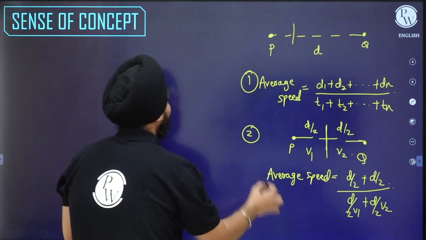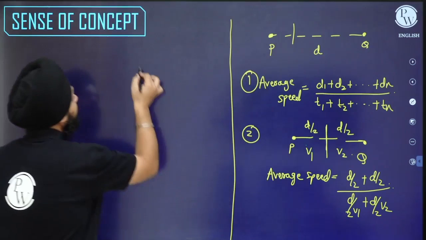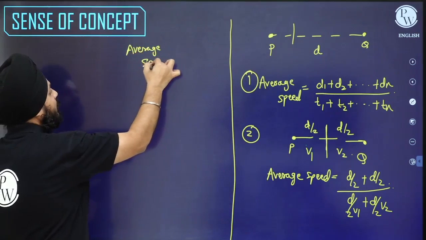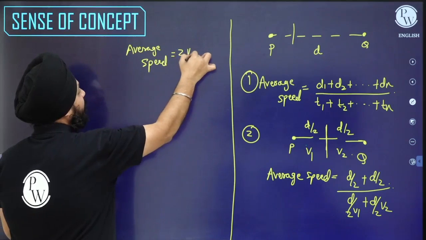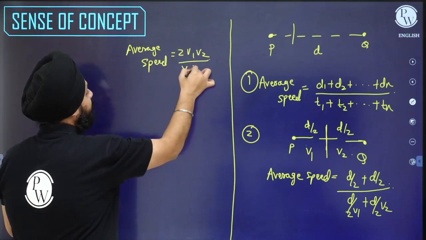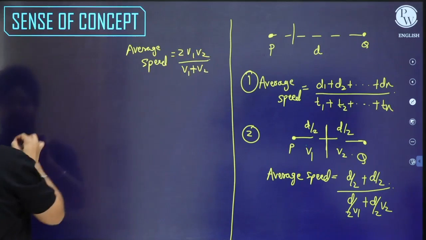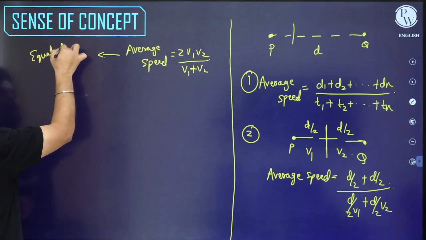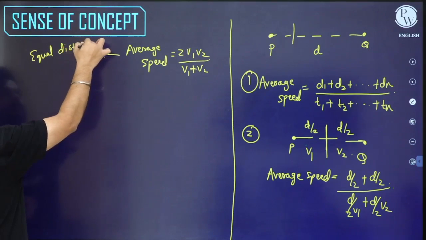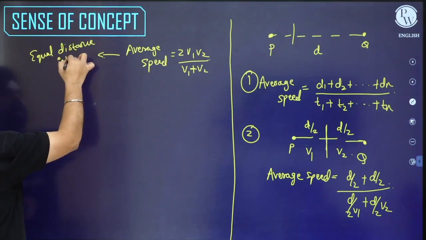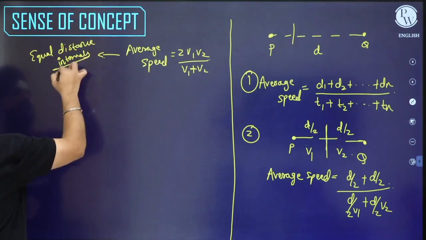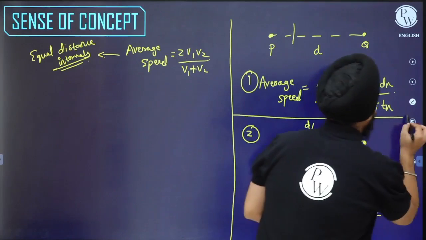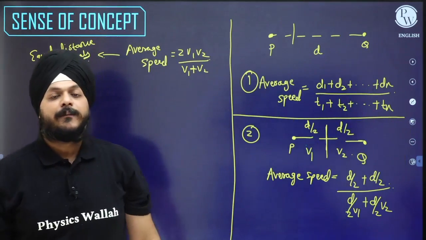Here we get the average speed as 2 v1 v2 whole divided by v1 plus v2. So this happens in the case of two equal distance intervals.